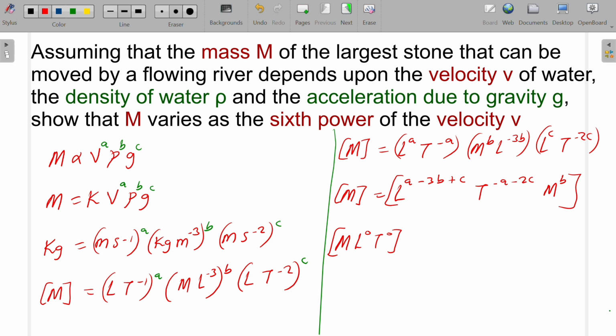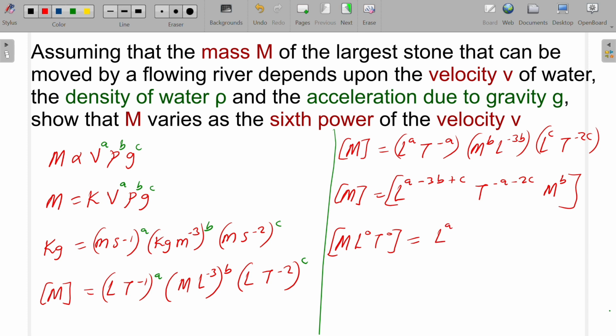So we are bringing this in order to understand as we equate what we have on the left side to the right part. So now let's do the equating. You see this L here, we are going to compare it with the L we have on the left hand side. So let's put that here.